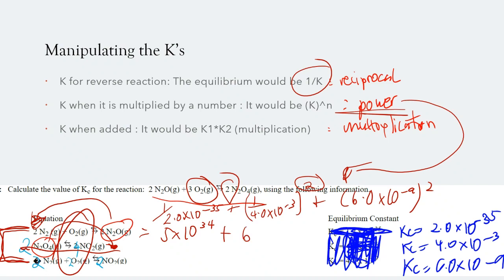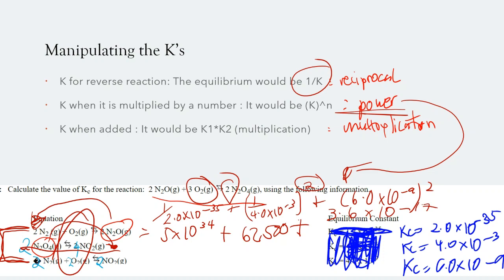It'll be 62,500 plus the other one. It'd be 3.6 times 10 to the negative 17.